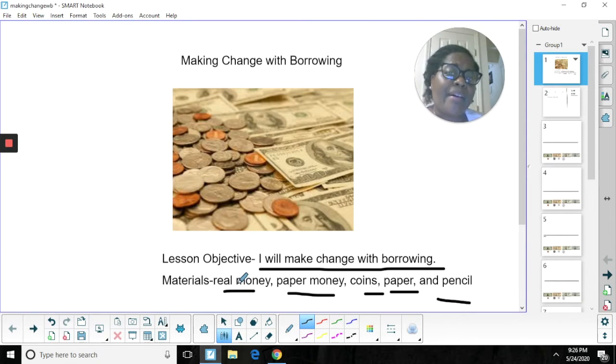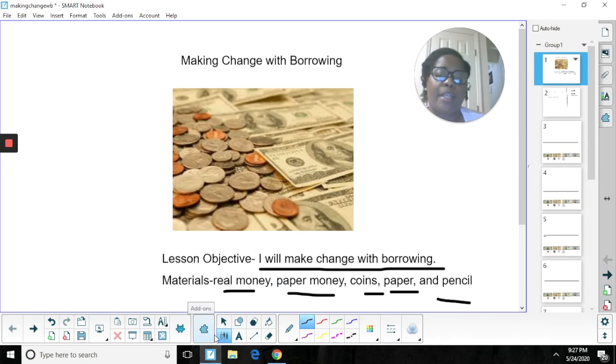But if you don't have the real money, under the video lesson there's a link for materials. I did put some paper money in there for you. If your parent has a printer in their home, they can print the paper money down. You can cut it apart and you will have paper money and coins as well. Just know that you do have access to that.